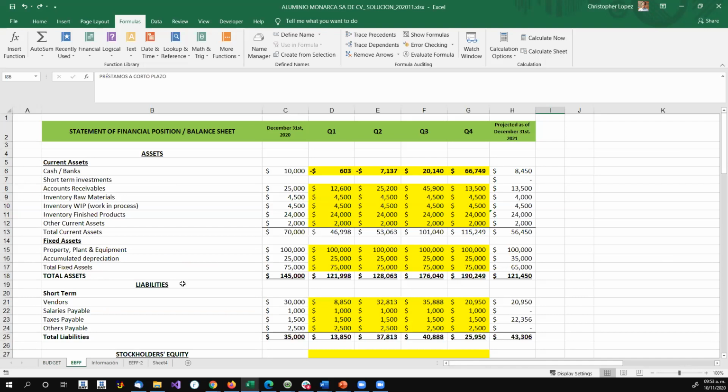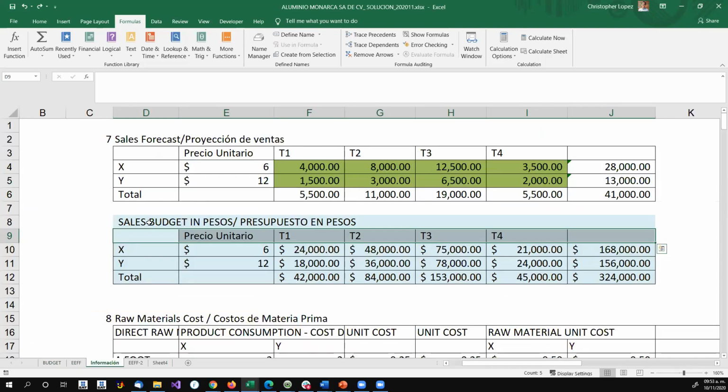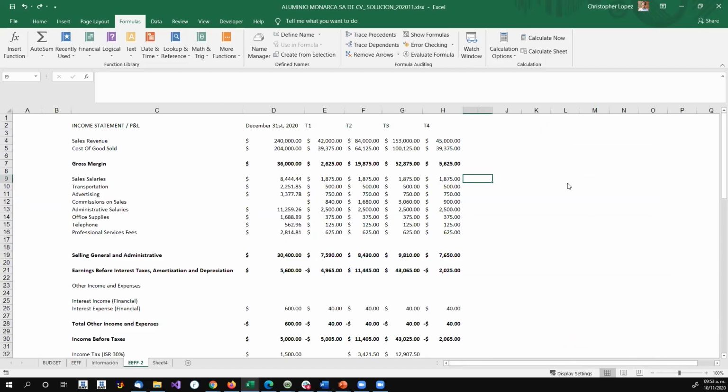So please, general note, don't do that. Work with horizontal information. When you see that you're going to be working on quarters, just put them horizontally so you don't have a hard time when we build the financial statements.